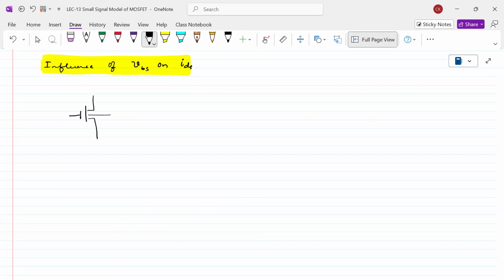There is a body here. This is the body, this is the source. If you apply a small change here that is called VBS, then how much current will flow? That is, how much the current changes. ID of VBS.